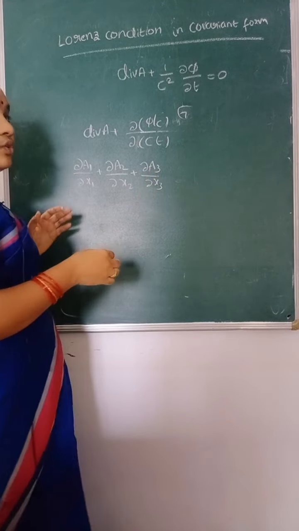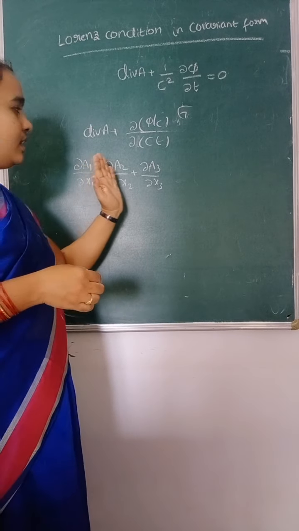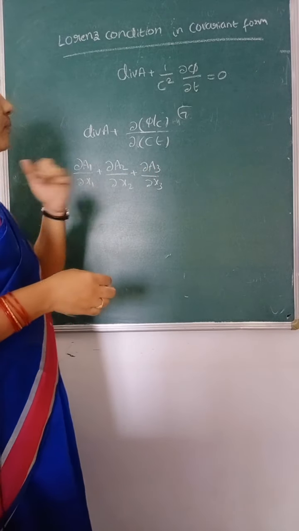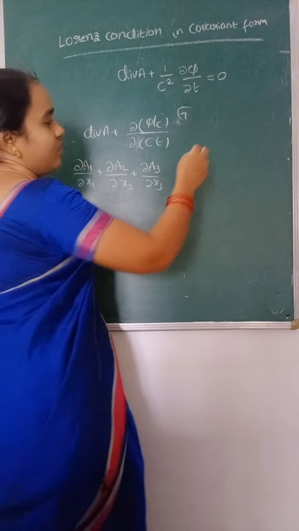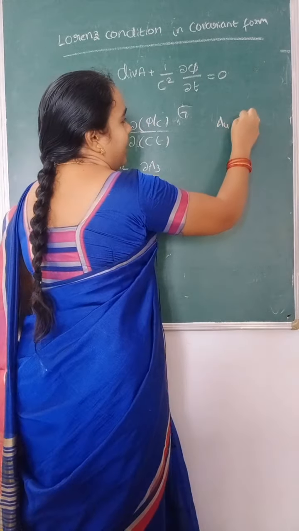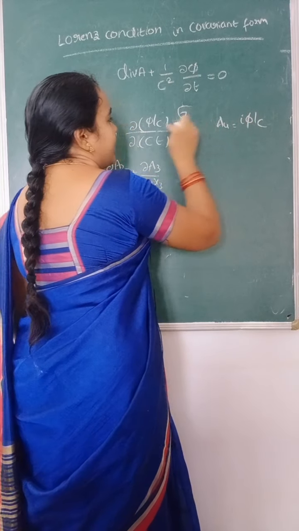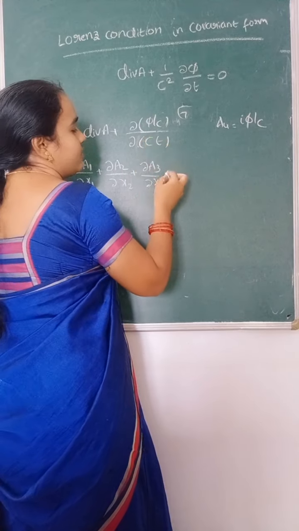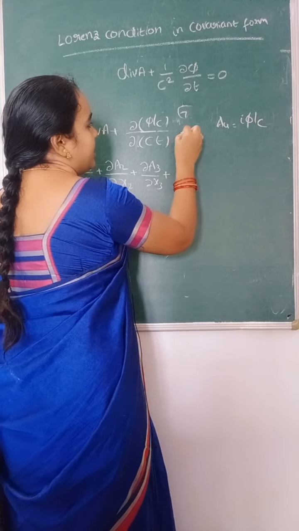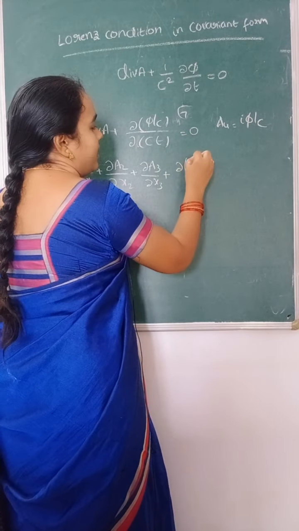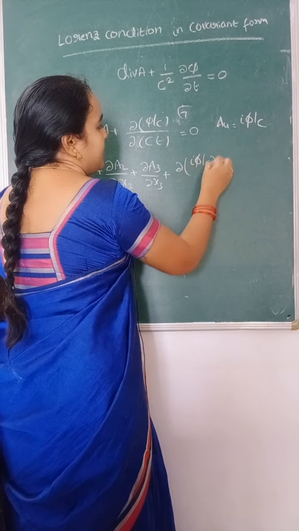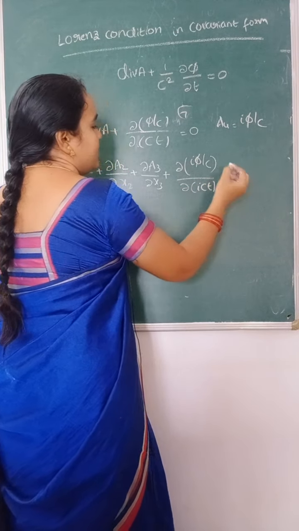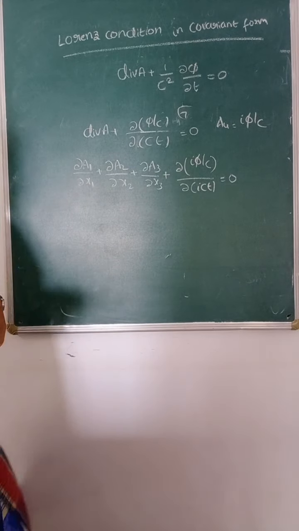We are writing the covariant form, which means we are trying to convert this into a 4 vector form. We all know that A4 value is i phi by c. So let us multiply the equation with i. Then this can be written as dou of i phi by c minus dou of ict is equal to 0.